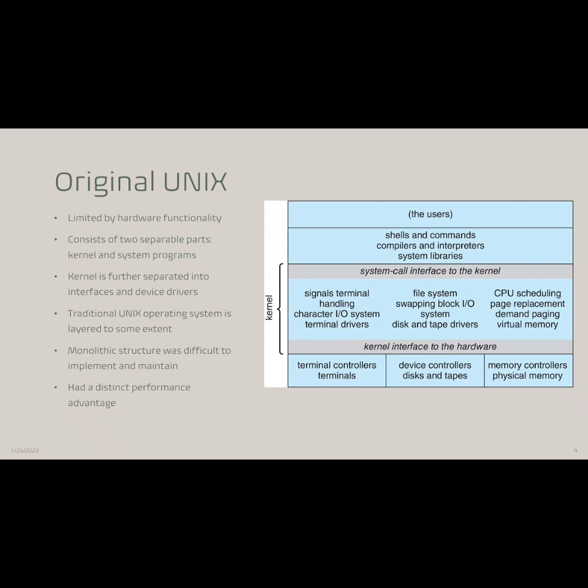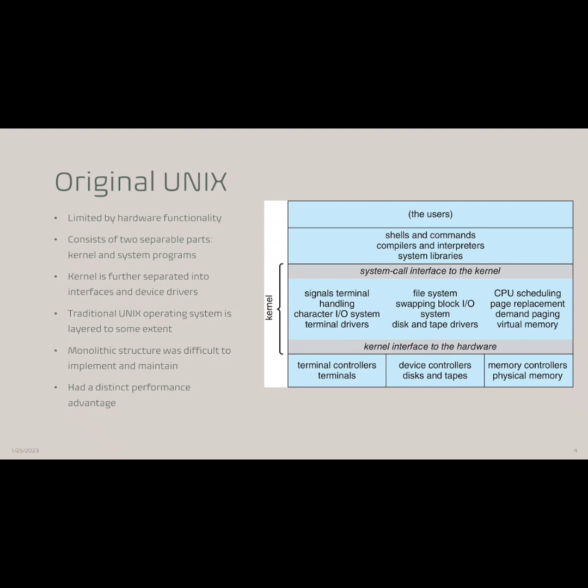We can view the traditional Unix operating system as being layered to some extent. As you can see in the image here, everything below the system call interface and above the hardware is the kernel. The kernel provides the file system, CPU scheduling, memory management, and other operating system functions through system calls.